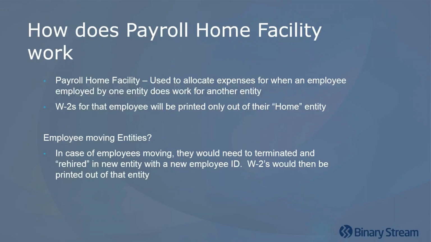So just again, with the payroll home entity, I just wanted to hammer this point home a little bit. This is the ability to go to various payroll transactions and say, okay, my employee, John Smith, belongs to entity 100. And normally everything gets paid out of entity 100, but they worked 4 hours for entity 200.